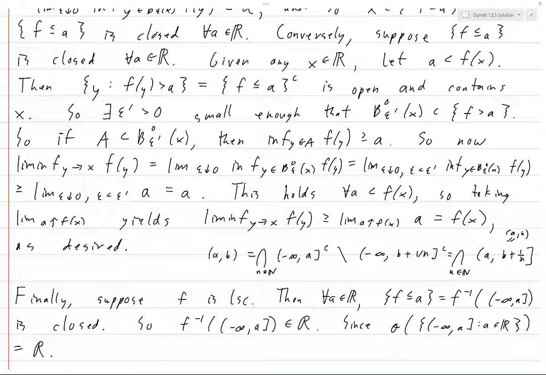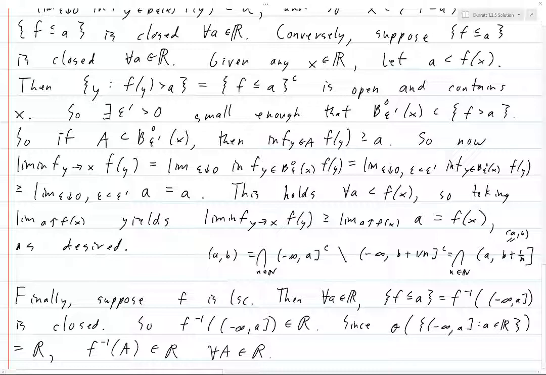Okay, so since this sigma algebra is precisely all of R, we know that f inverse of A is going to be in R for all Borel sets A. Right?